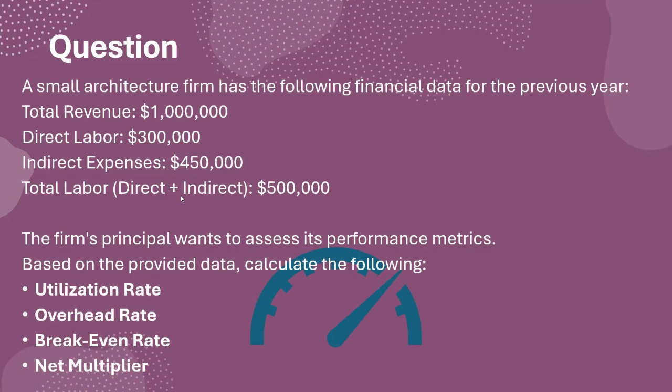And total labor, which is direct and indirect, was $500,000. The firm's principal wants to assess its performance metrics. Based on the provided data, calculate the following: utilization rate, overhead rate, break-even rate, and net multiplier.